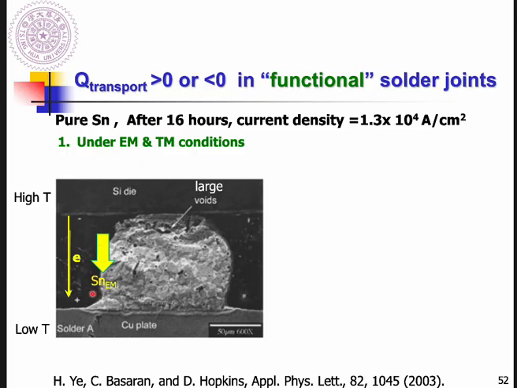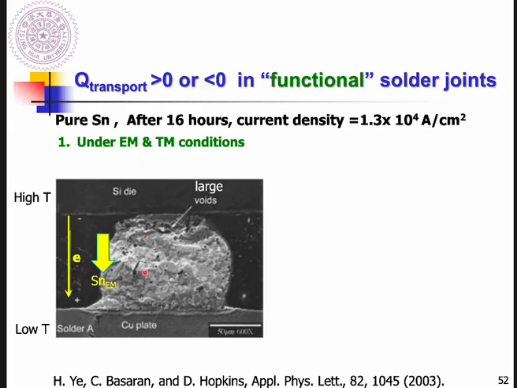The atomic flux for the tin induced by electron migration moves in the same direction as the electrons. So I have the atomic flux moving downward, right? But in the meantime, I also suffer thermal migration, but I have no idea whether the heat of transport is positive.